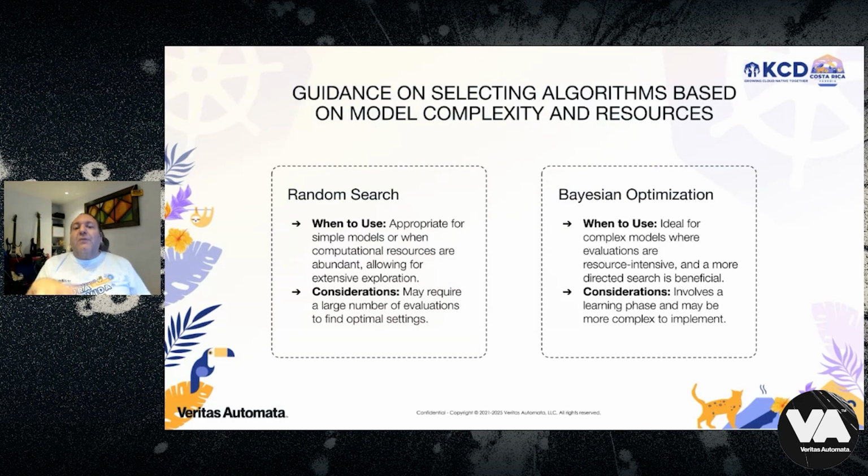For how to use these algorithms based on model complexity, I tried to give you some examples that will simplify the mathematical models if you never used the approach that we are talking about. But think about the random search, when to use. Again, you have abundant computational resources, so a lot of CPU, a lot of memory, you will have the random produced.